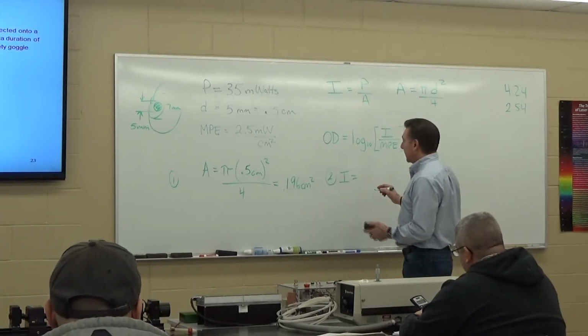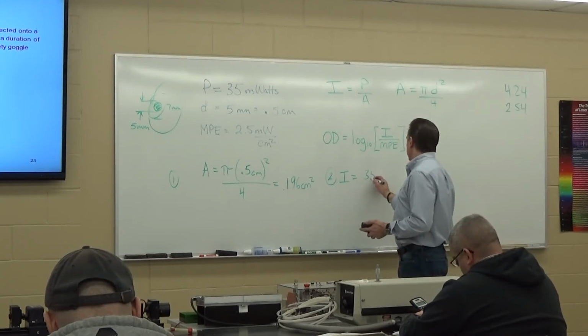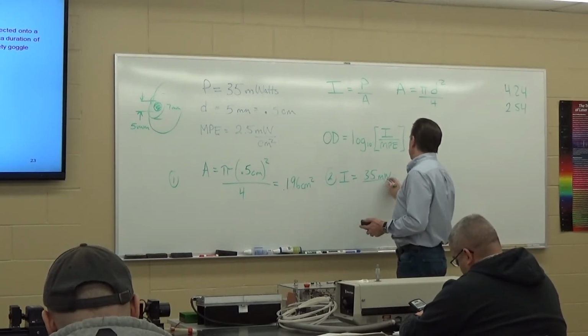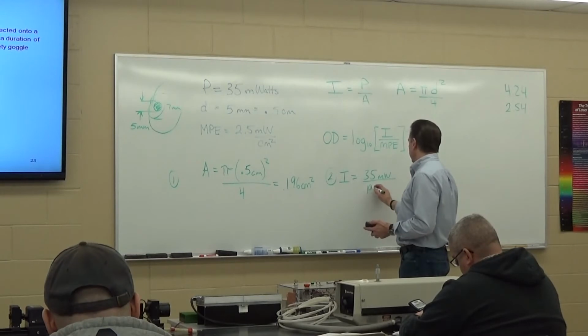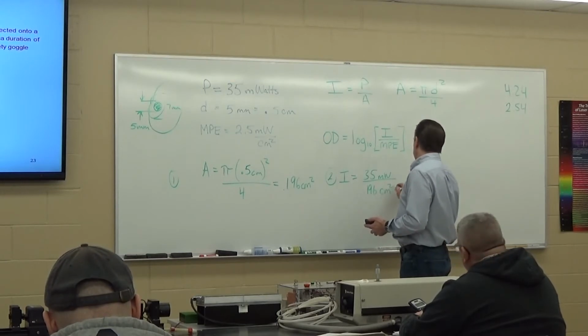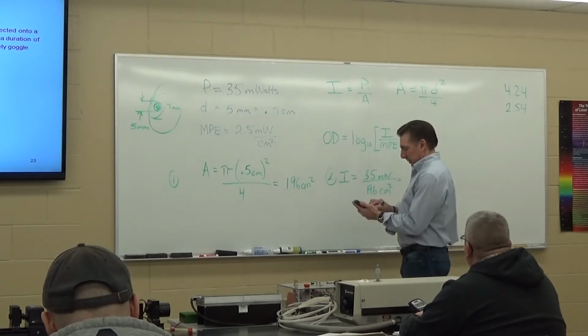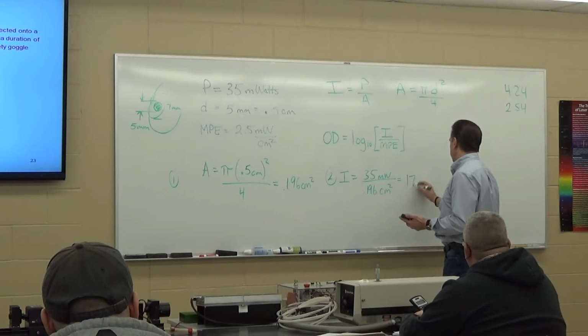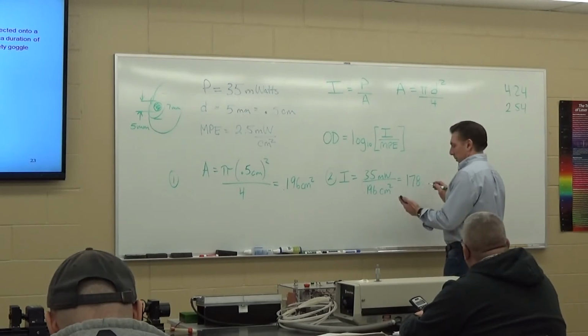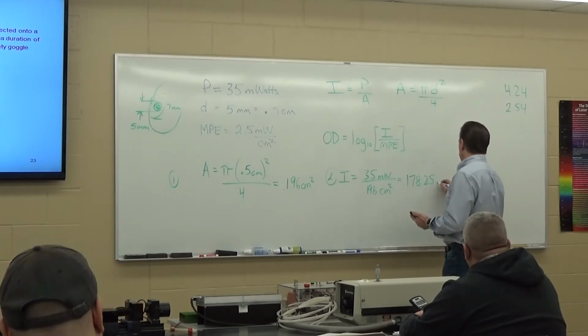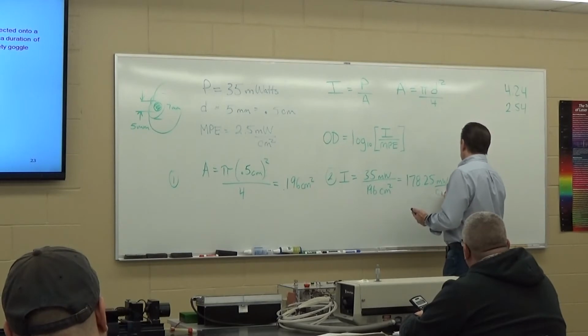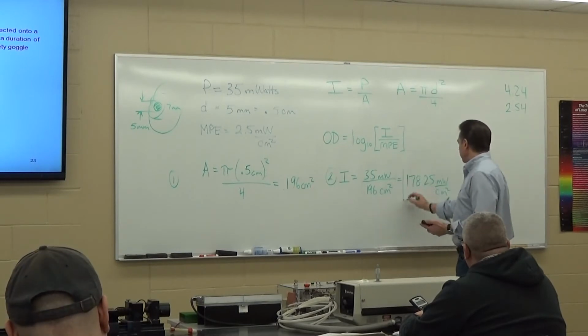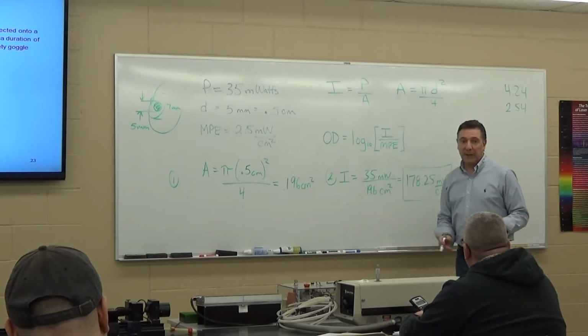The irradiance is 35 milliwatts divided by 0.196 centimeters squared, which is 178.25 milliwatts per centimeter squared. Okay, so that's the irradiance.